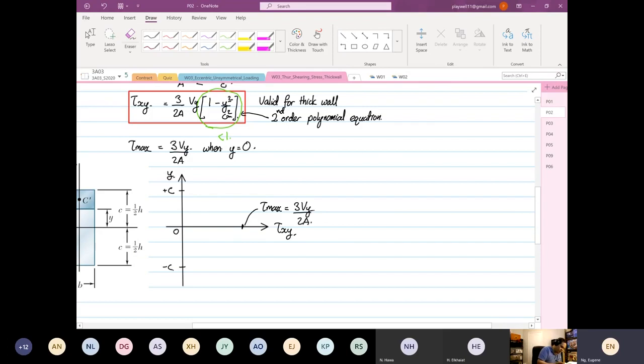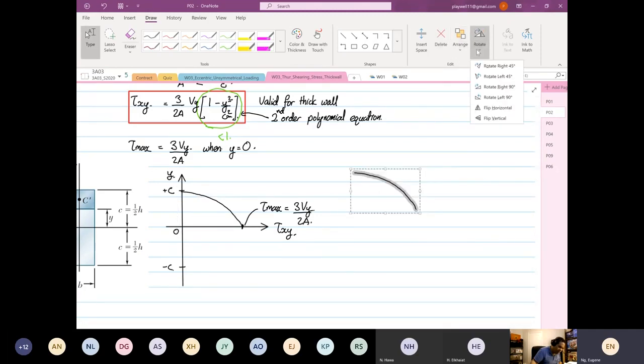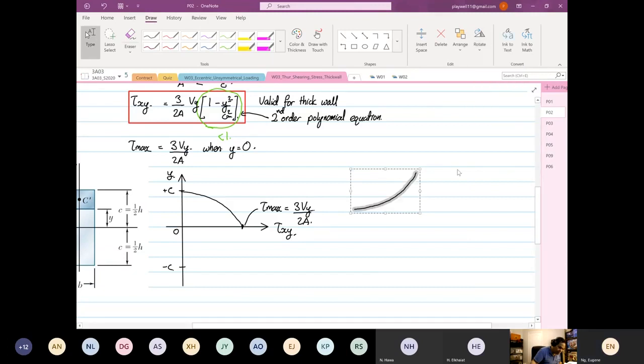And then if you sketch the shear XY expression out as a function of Y, you get a curve looking like this. Okay, so all I need to do now is I copy, and it's a sad face, not a smiling face. I paste and then I flip it around, and there you go. Okay, close enough.